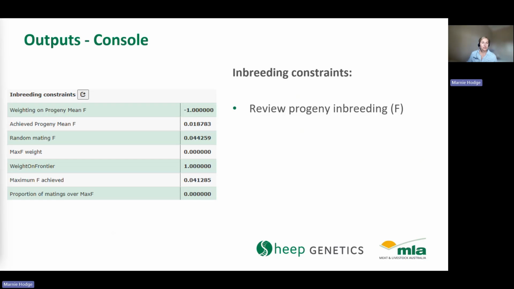So in this example, there was a weighting placed of -1 on progeny average inbreeding, and then we can have a look and see how that was achieved, and also the maximum progeny inbreeding achieved as well. So really important to review that to see if you need to place some larger constraints on inbreeding or co-ancestry in your next MateCell run.